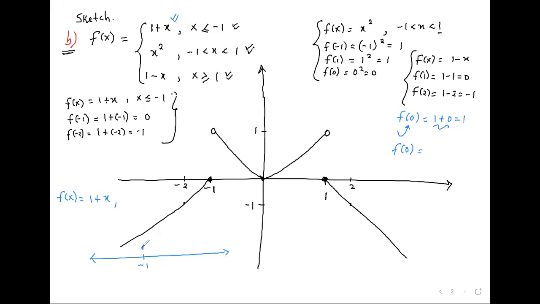Starting from here, going to the left, the function is 1 plus x. Starting from here, opening, all the way open up to 1, the function is x squared. Closed up to positive infinity, the function is 1 minus x.